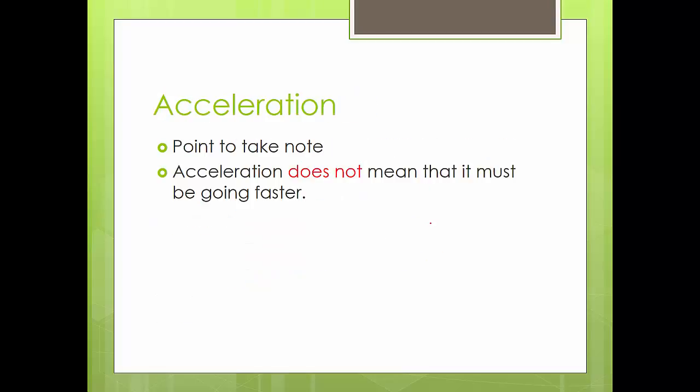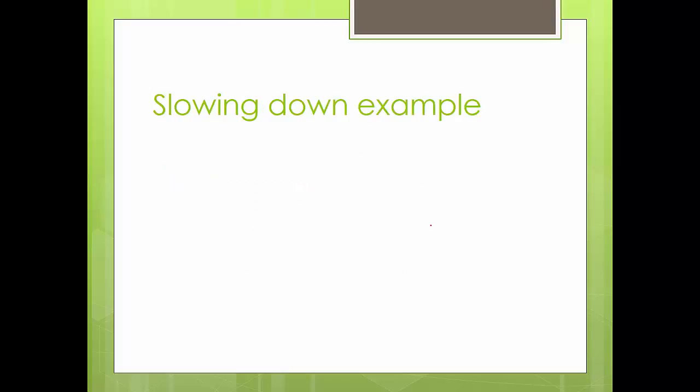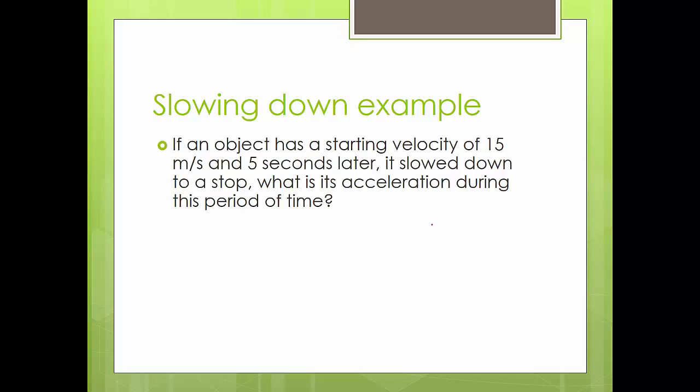A point to note is that acceleration doesn't mean that it must be going faster. As long as there's a change in velocity, it counts as acceleration. So it can be slowing down. In a slowing down example, the starting velocity is 15, and 5 seconds later it slows down to a stop, which means 0 meters per second.